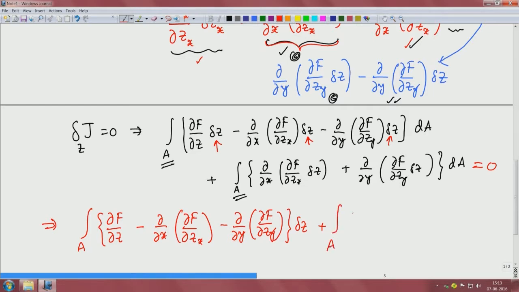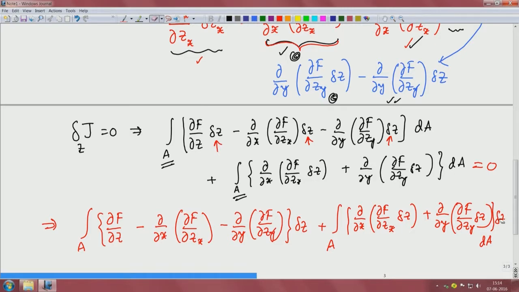The second part is the integral of dou by dou x of dou f by dou z x delta z plus dou by dou y of dou f by dou z y delta z dA. Oh sorry, this delta z is not there here. Okay, this is simply dA is equal to 0.